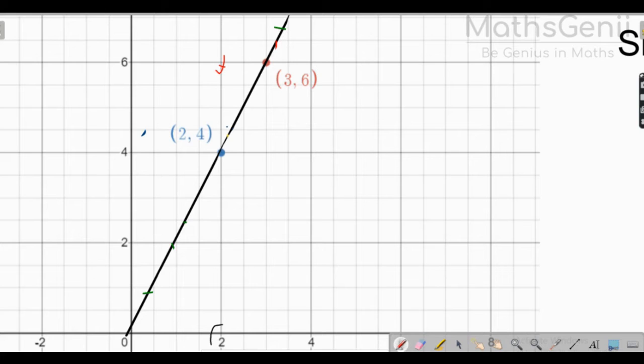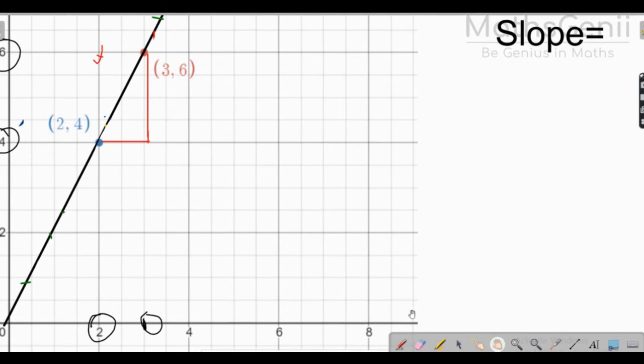So this is 2 comma 4 plotted here, and the next point is 3 comma 6, which is plotted here. Now I want to find the slope. To find the slope, it's very easy, right? X component, Y component, this and this. So what will be the answer? Slope is what? Delta Y upon delta X.